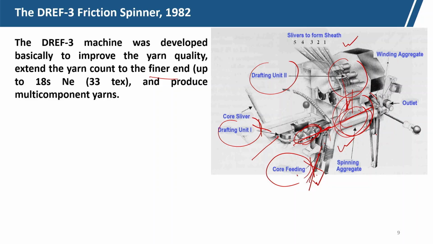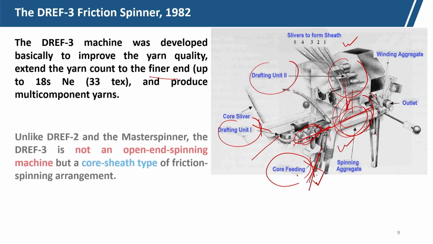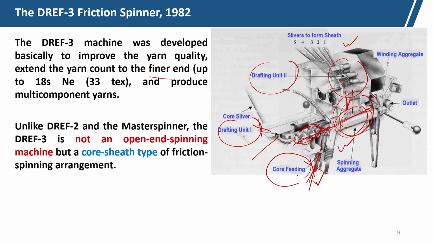So there may be some twist present there, but in the core and drafting unit 1 theoretically there will be a false twist. Unlike DREF 2 and master spinner, the DREF 3 is not open end spinning, because here continuous filament or continuous drafted strands are there.